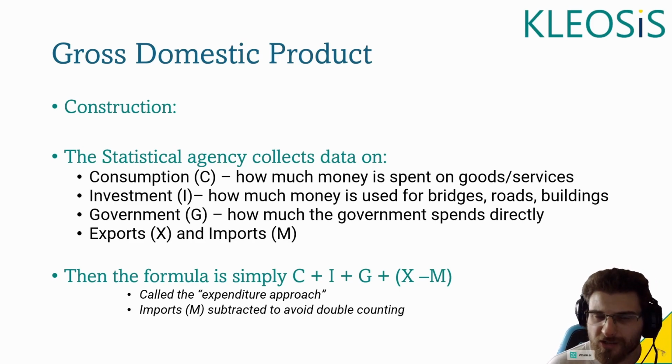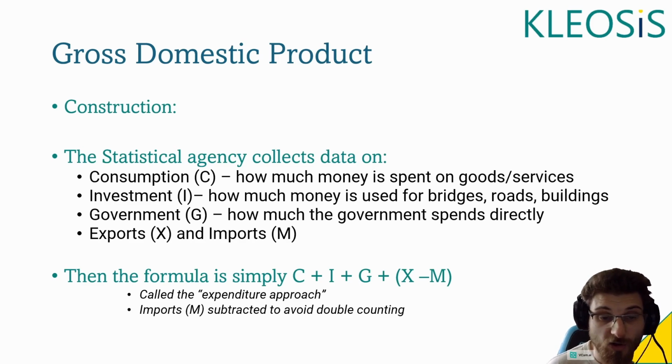So how do we construct the GDP number? Well, usually the statistical agency in the country you're looking at, it might be Statistics New Zealand, it might be the Australian Bureau of Statistics, or it could be any others, is going to collect data on consumption, which is how much money is being spent on goods and services.